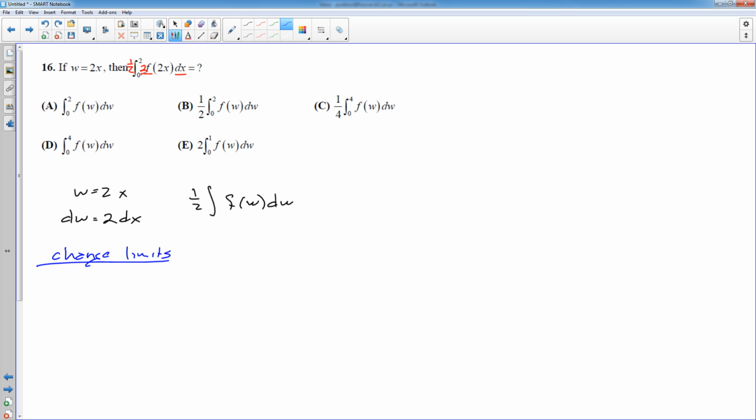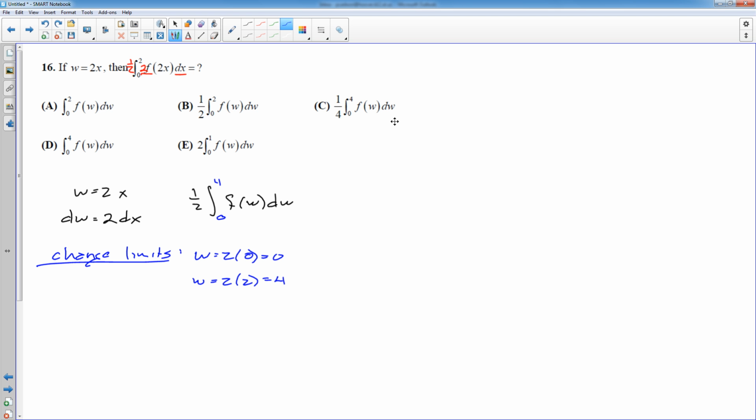You have to change limits into values of w. If x is 0, w is going to be 2 times 0, which is still 0. However, if x is 2, which is my upper limit of integration, w is going to end up being 4. So the correct answer is supposed to be 1/2 the integral from 0 to 4 of f of w dw.